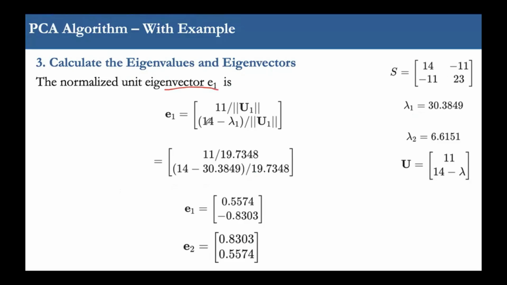To find it, we do 11 divided by the u1 norm, then 14 minus lambda 1 divided by the u1 norm. Already we have calculated the u1 norm, so when you substitute it, you will get e1 as this matrix. The same way you can find e2.